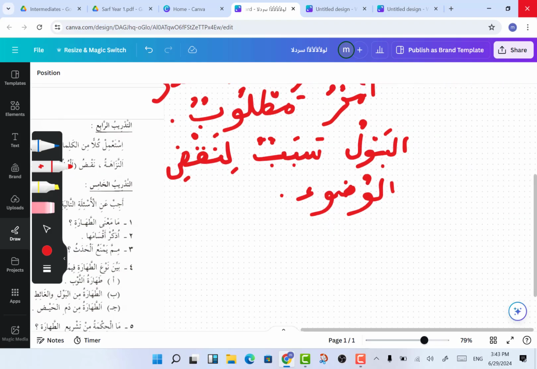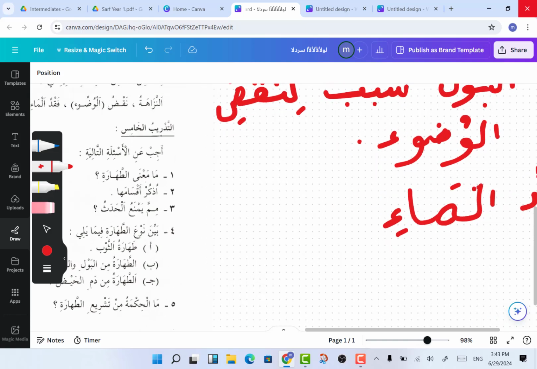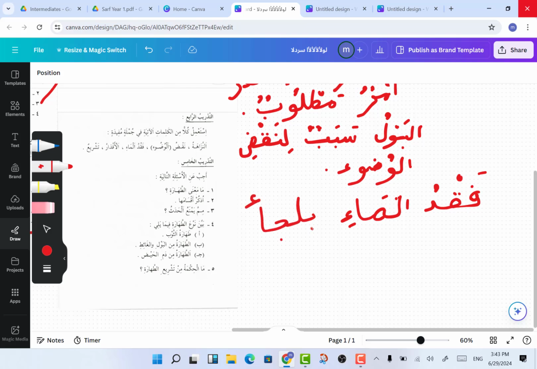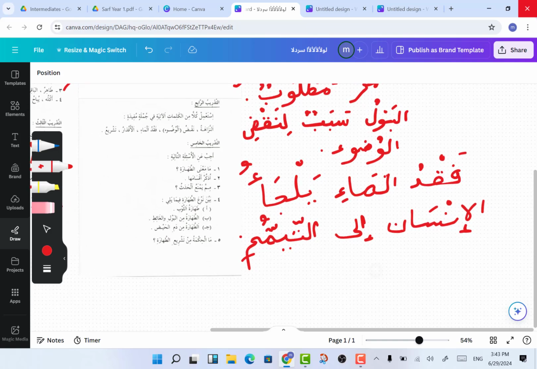Faqdul ma'i. فقد الماء يلجأ الإنسان إلى التيمم.